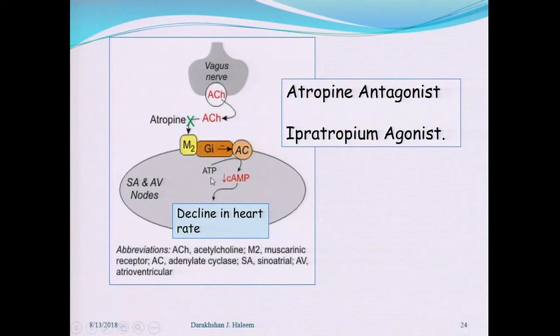This is sometimes used for just maintaining heart rate during anesthesia when the heart rate declines too much. So it is used to just accelerate heart rate. Ipratropium is an agonist. This too is used during anesthesia for just maintaining heart rate. Ipratropium and atropine both.